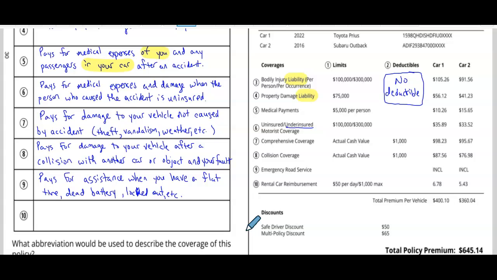Maybe you ran out of gas. They could bring you a little small tank of gas to get to the next gas station. So whatever that is. So that's your emergency road service.